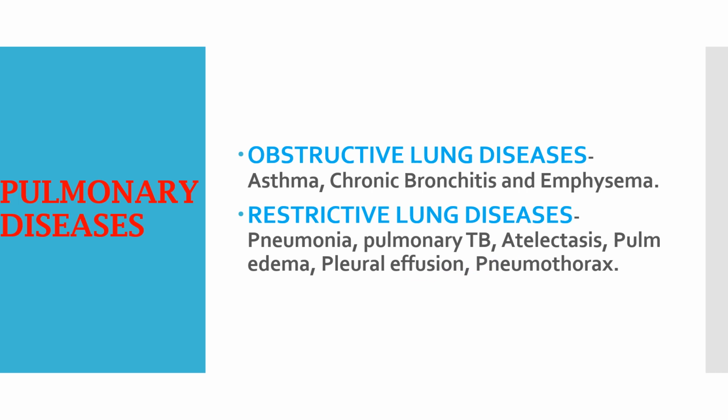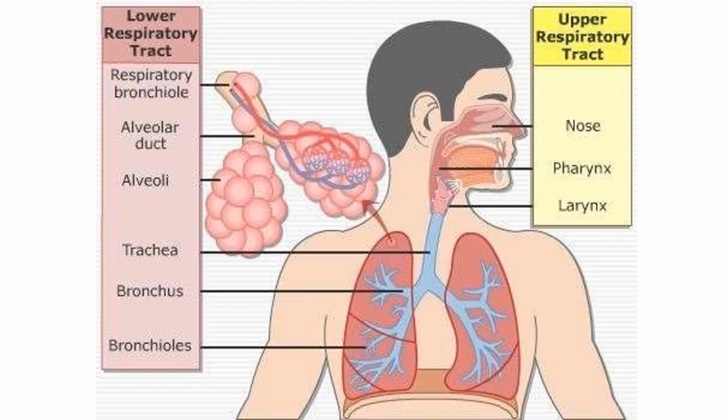We will see first the respiratory tract, which is divided into upper and lower respiratory tract. What are the structures which come under the upper respiratory tract? This picture is just for basic knowledge, because some are not familiar with various words used in pulmonary diseases especially.